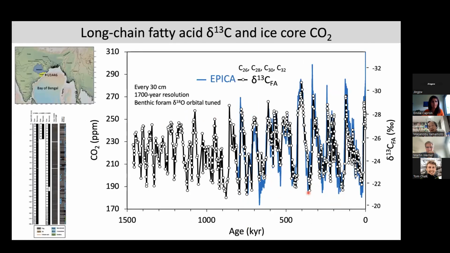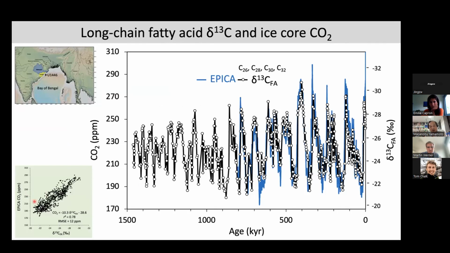So we analyzed the long chain normal fatty acid carbon isotopes in sediments from a sediment core in the northern Bay of Bengal here. This black one indicates our results, carbon isotopic composition here. And the blue one is the EPICA CO2 variation. Surprisingly, the variations are very, very similar to each other.